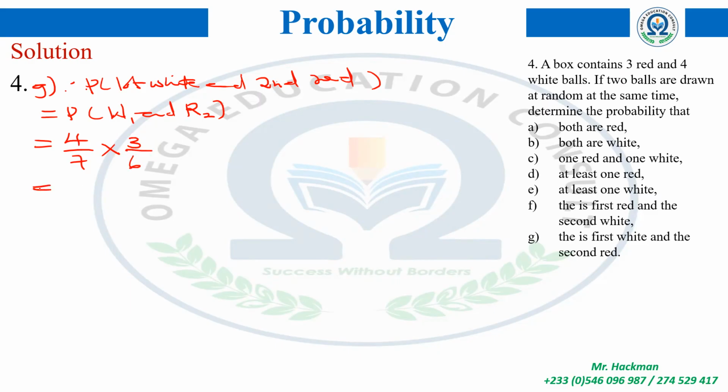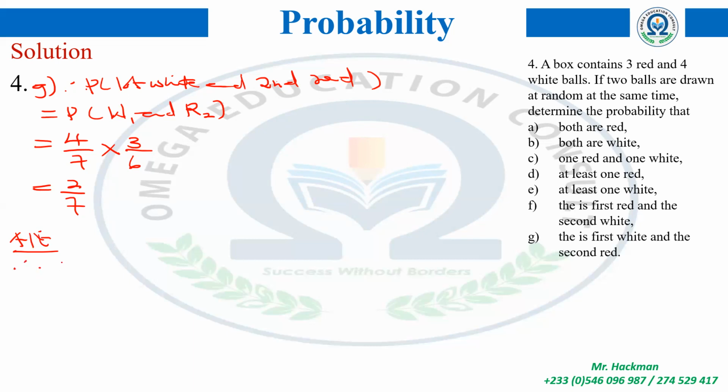So that gives us what? That gives us 2/7, 2 over 7. Now let's look at the alternative approach if you want to use the permutation.